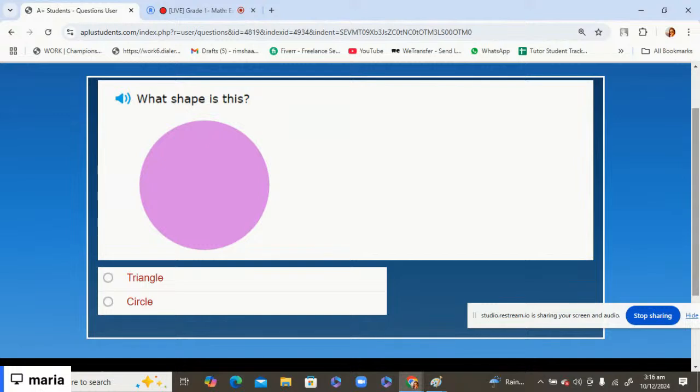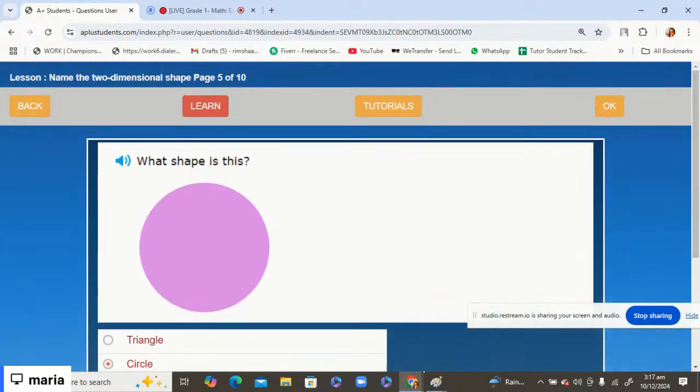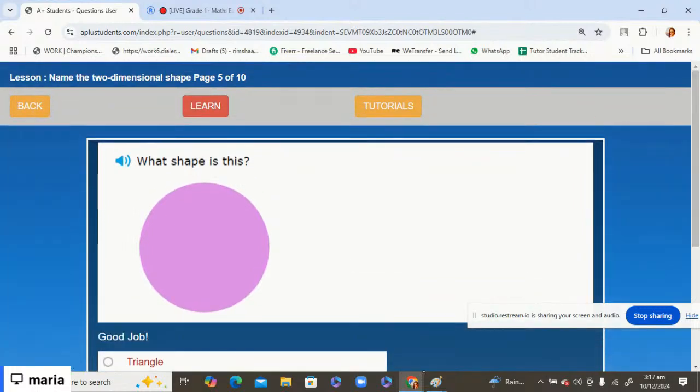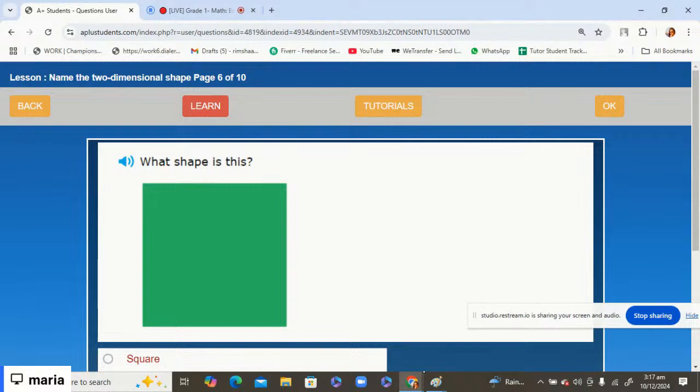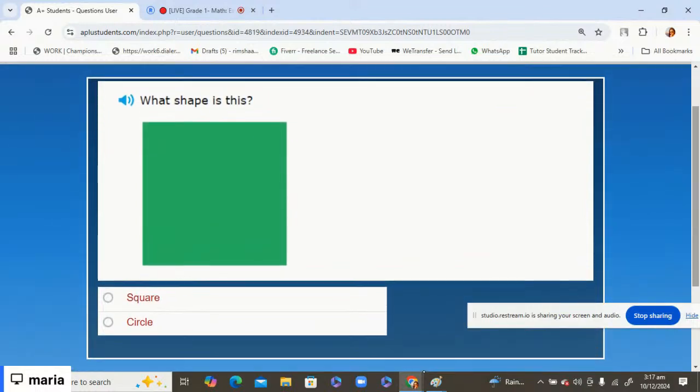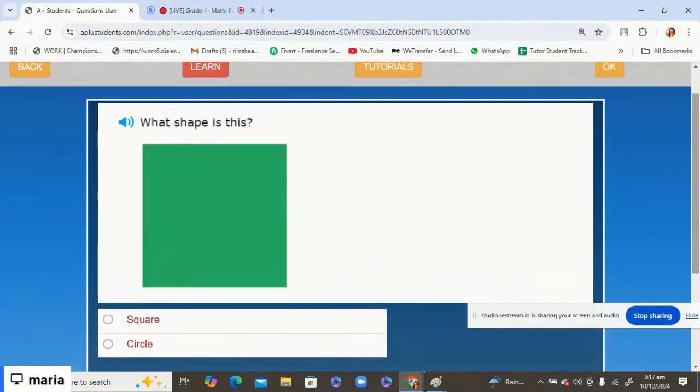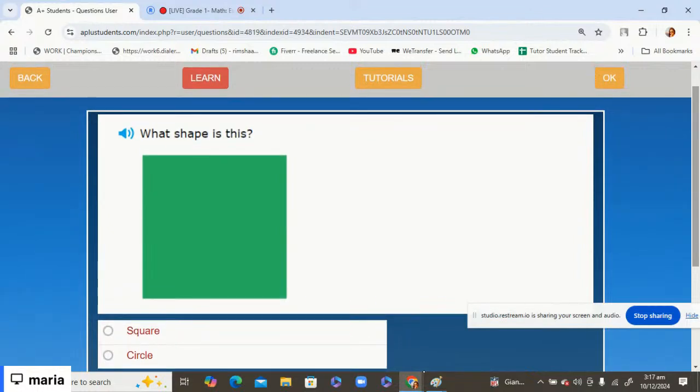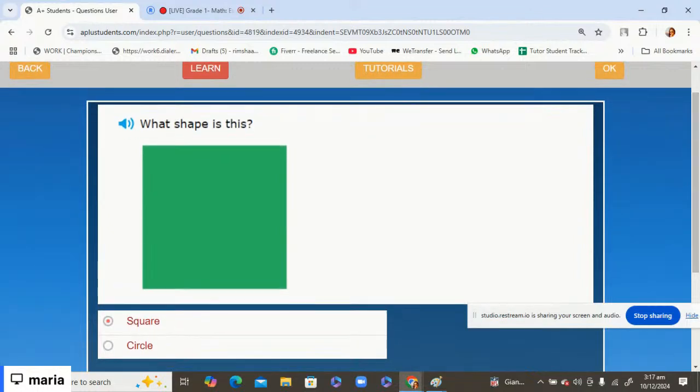Is it circle, square, or triangle? That is circle. Then what shape is this? It's a square or circle? It's square. Okay.